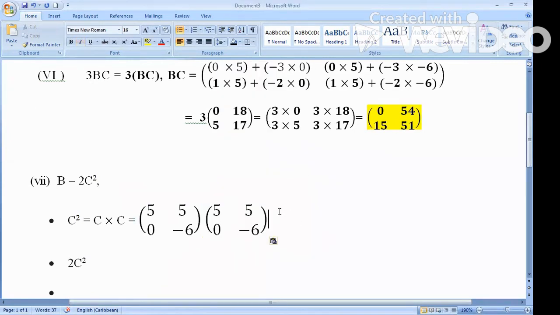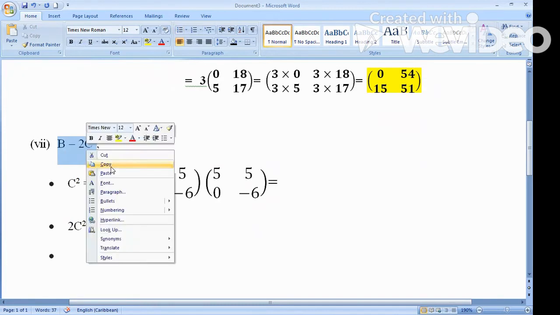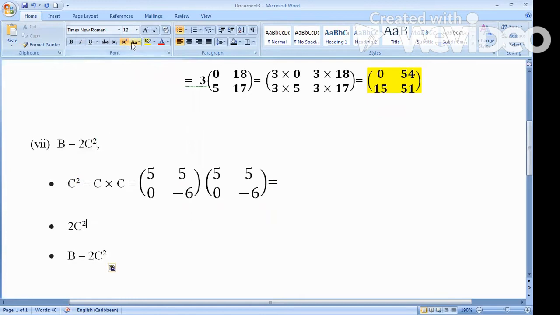So basically, that's what you're going to work out. And when you get this answer, then you times it by 2. And then you put B in front of it and minus it. Anybody try this? I'm going to give you 7 minutes to work this.